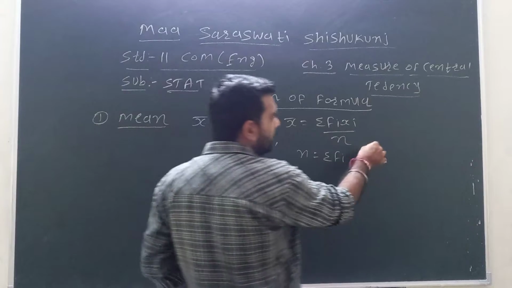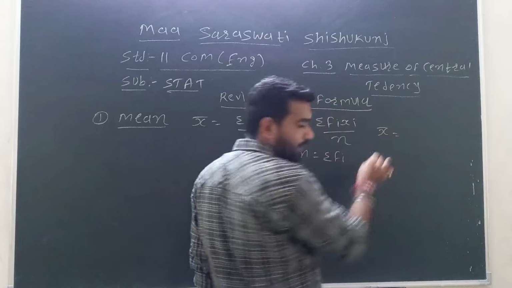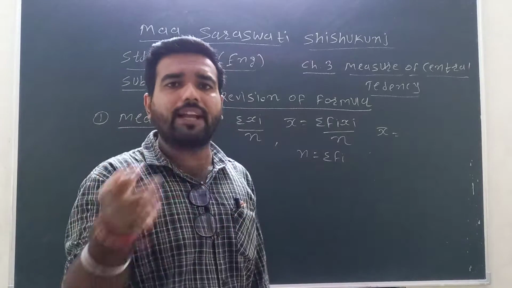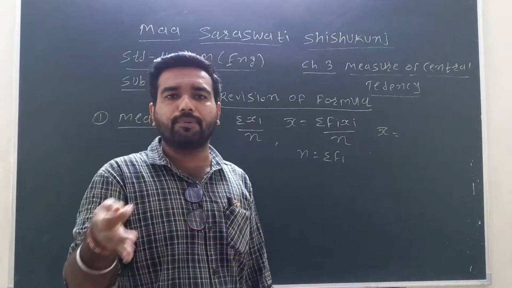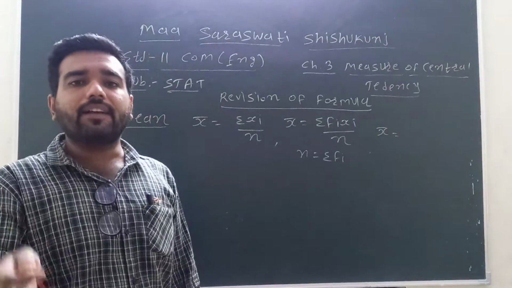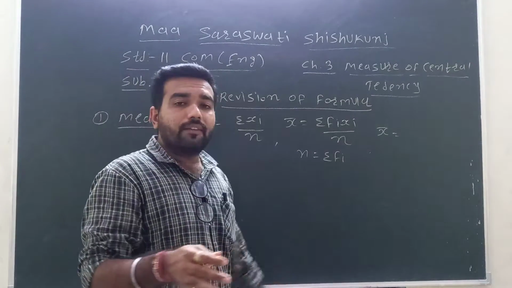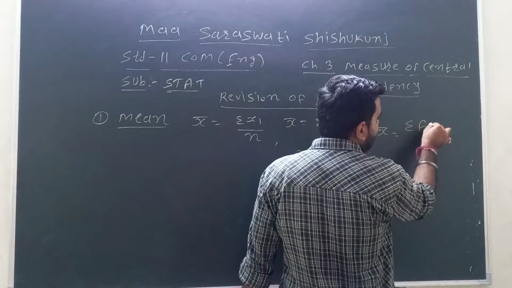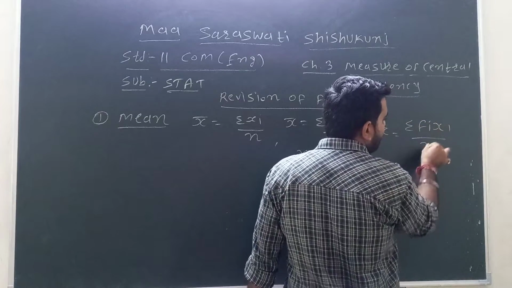And third, when the classes are given, for example classes 0 to 10, 10 to 20, 20 to 30, 30 to 40, and frequencies, the formula is the same: x bar is equal to sigma fi xi upon n.